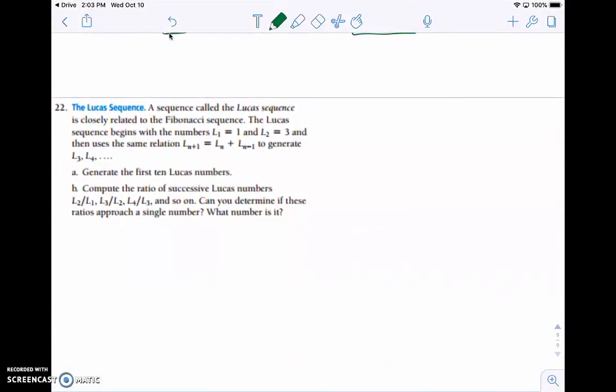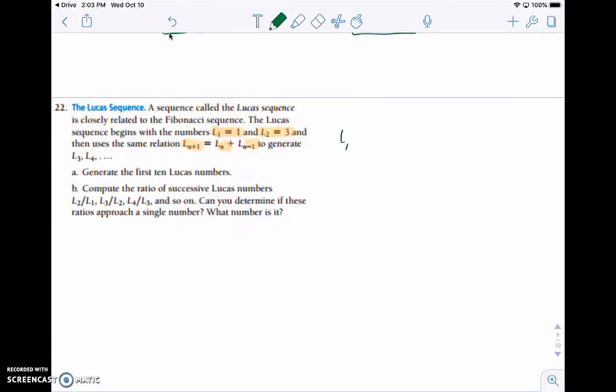Okay, now the last thing we're going to talk about is another sequence called the Lucas sequence. It's closely related to the Fibonacci sequence, and it begins with L1 is 1, L2 is 3, so it goes 1, 3, then it uses the same kind of pattern as the Fibonacci sequence.